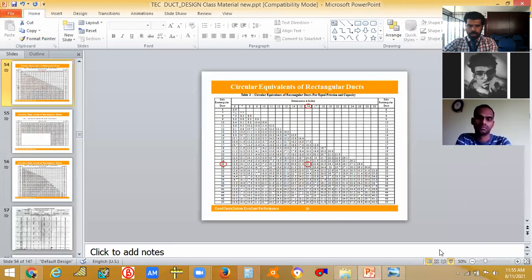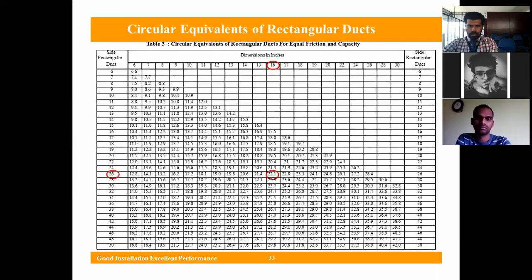Take a screenshot of this and find the answer. Or you can go to the video also. You pause it and you can find the answer. So velocity reduction method and equal friction method, you have to find the answer for all these things.